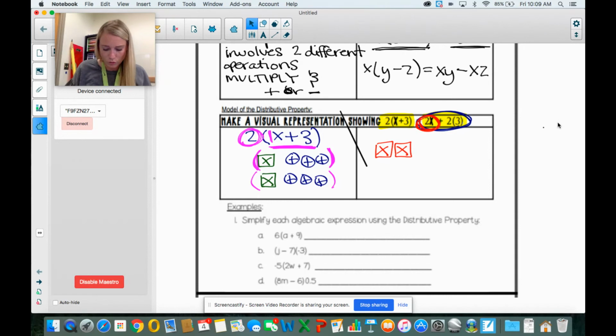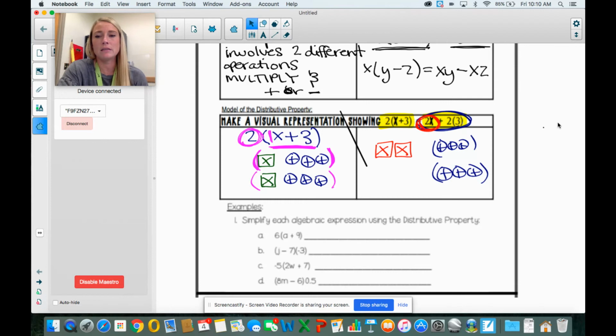Okay, so let's do that in blue. So I've got my first group. Okay, then I've got my second group of 3. So I have 2 x's plus 2 groups of 3.